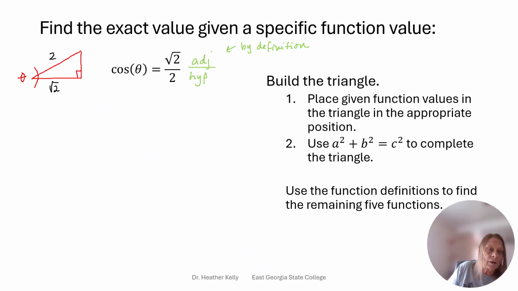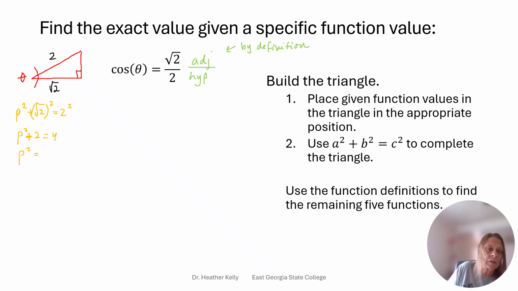So we've got opposite squared. I'm just going to call it a P. Opposite squared plus the square root of 2 squared is equal to 2 squared. So this gives us P squared plus 2 is equal to 4.